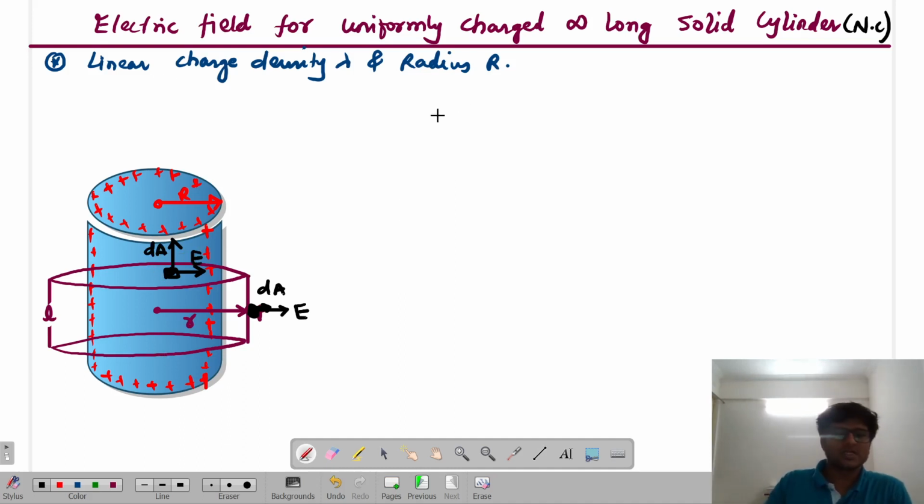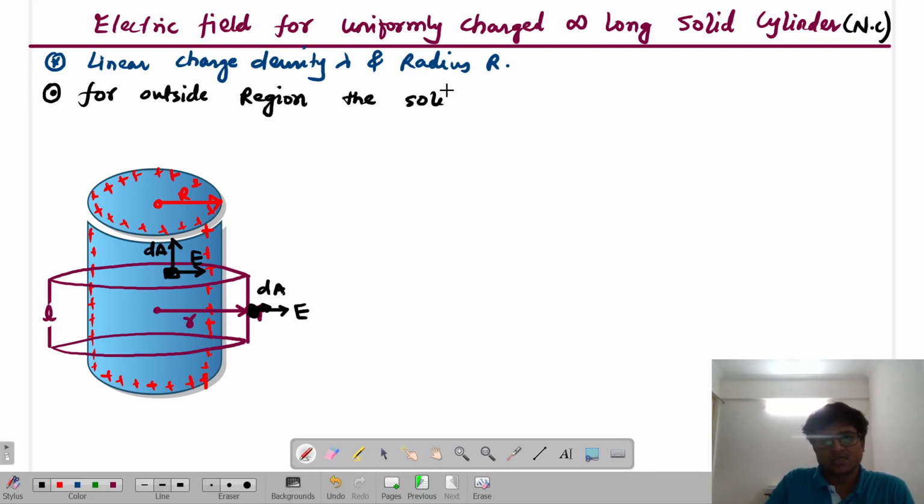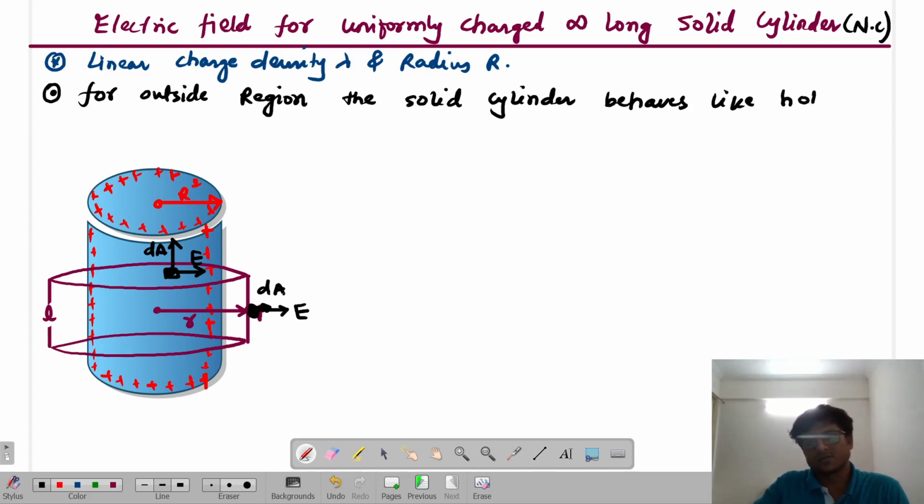So once again, for the outside region, the solid cylinder behaves like a hollow cylinder.